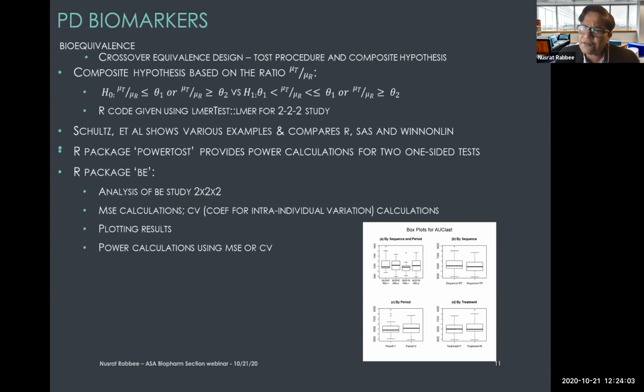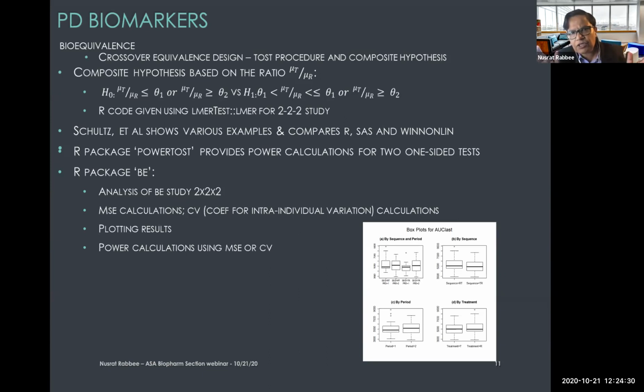The crossover design is very common, where the PK parameters are analyzed, and this TOST procedure, two one-sided tests. You can see here that the ratio of the mean parameters like AUC has to be within a certain bound, like 80% and 125%.